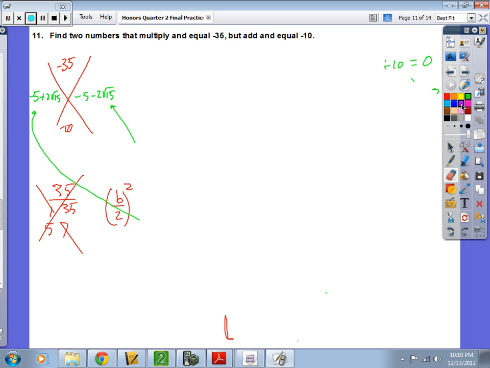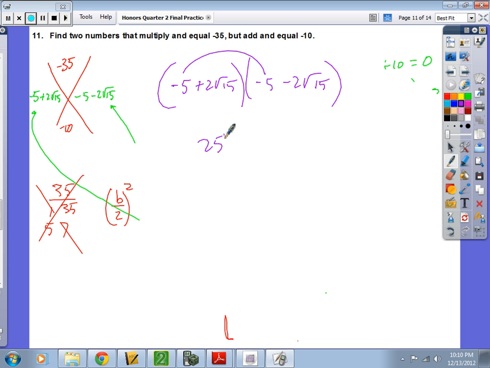So your multiplication is going to be negative 5 plus 2 square roots of 15 times negative 5 minus 2 square roots of 15. So it's going to be 25 plus 10 square roots of 15 minus 10 square roots of 15.